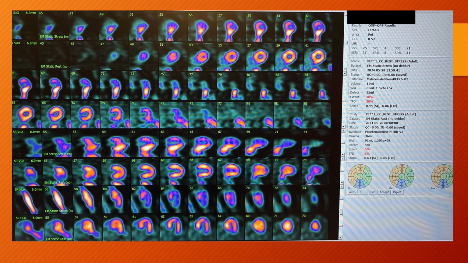And you always want to look for contralateral defects when you're looking at motion. So you can see that this one, there's a straight up defect right there in the anterior wall of the left ventricle, and then you also see a contralateral defect kind of straight across, almost looks like crosshairs, and that usually indicates that there is some motion on the scan.